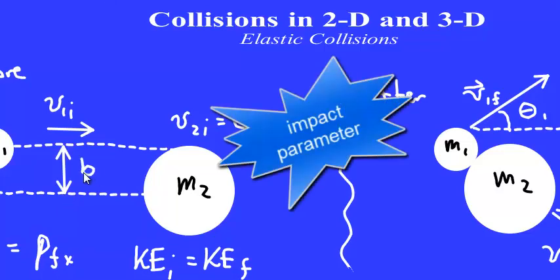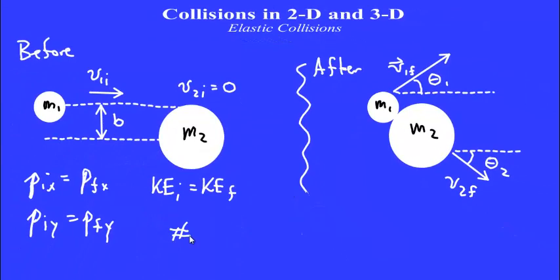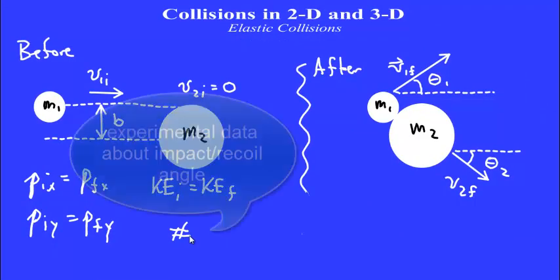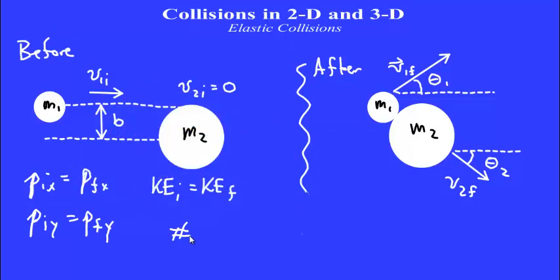In your book, they use the letter B. Typically, that's some information, some numbers that you collect about the collision. But the idea here is that when you go into two dimensions, the number of variables multiplies greatly.